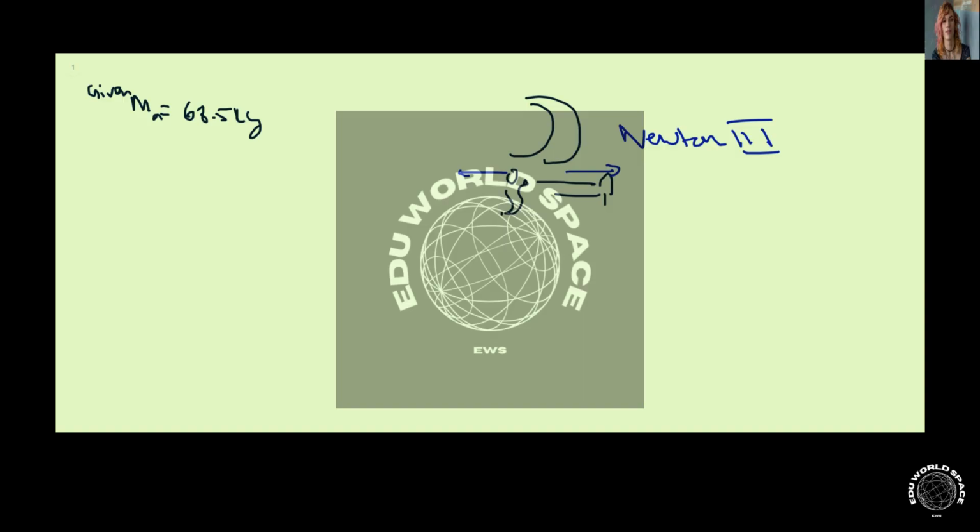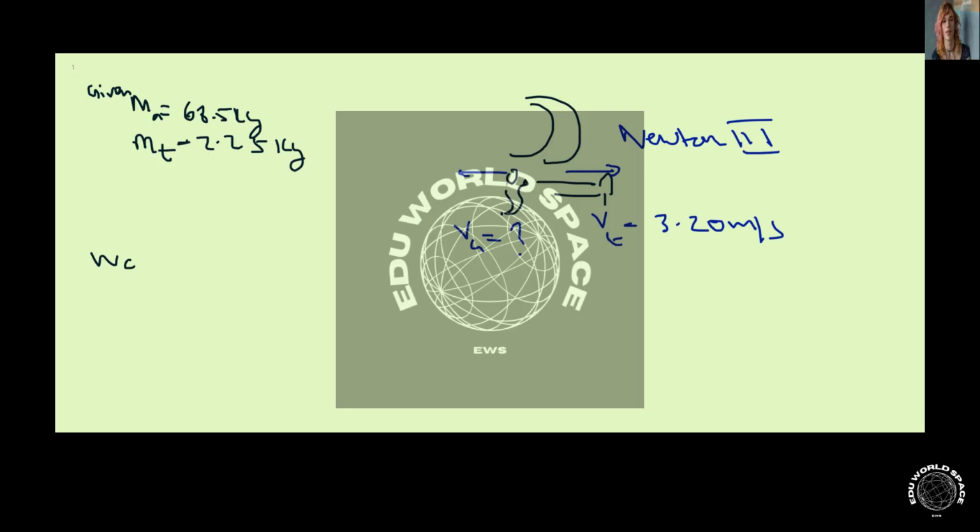The mass of the tool is 2.25 kilograms, and the velocity of the tool is 3.20 meters per second. We don't know the velocity of the astronaut, but the astronaut is moving in the opposite direction. So that's what we're given.